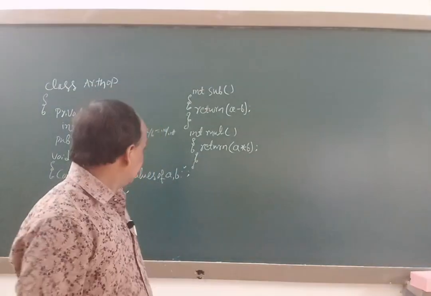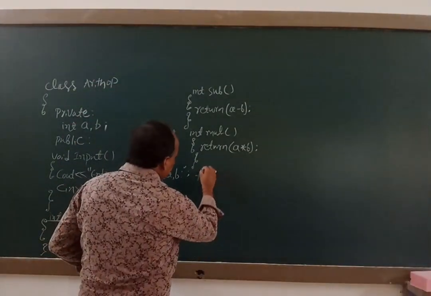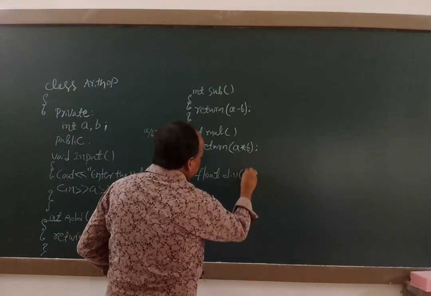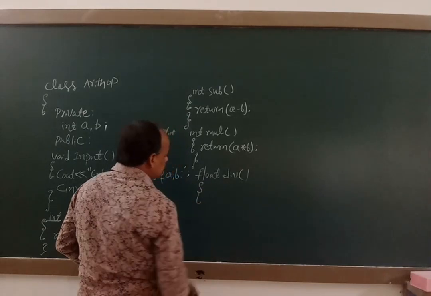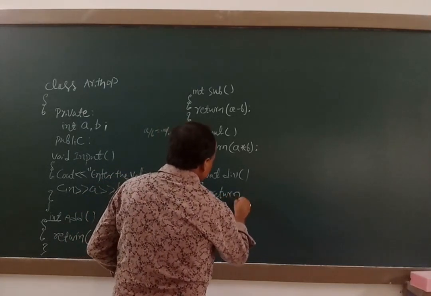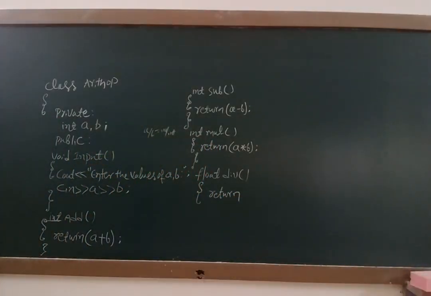That's why here for the division operation we have to take data type float, div for division operation, right, return.